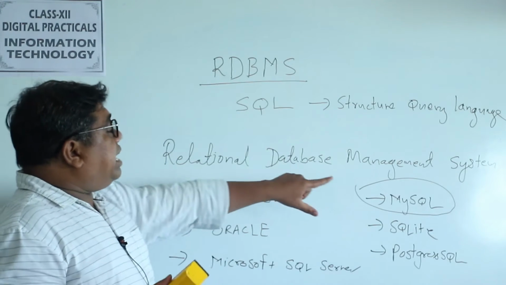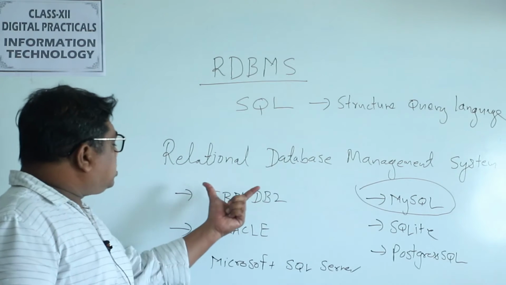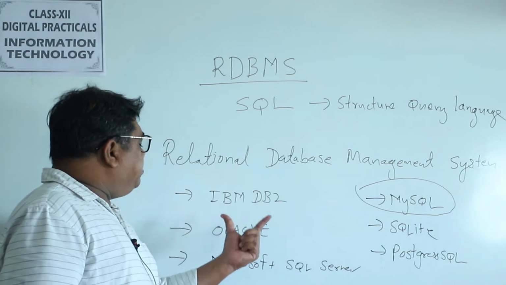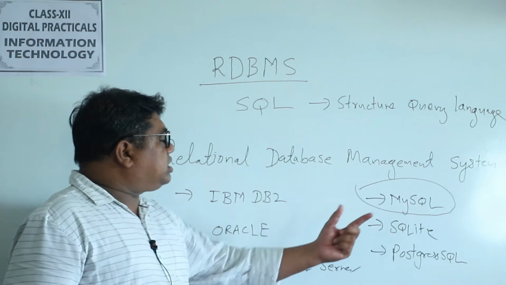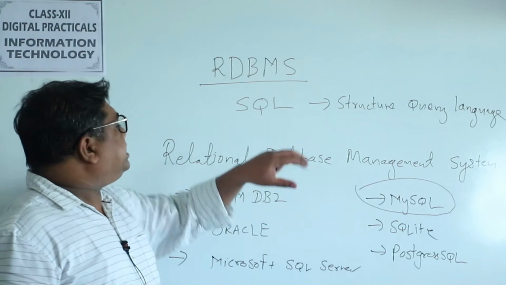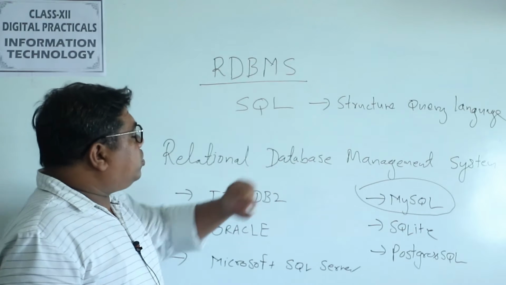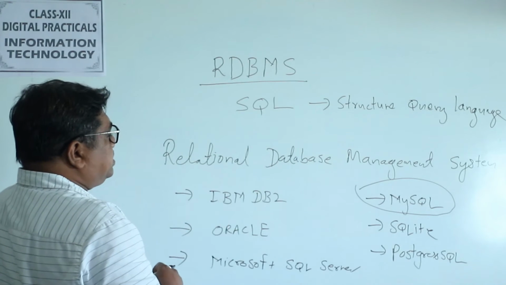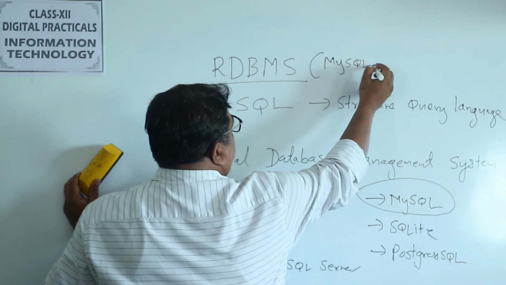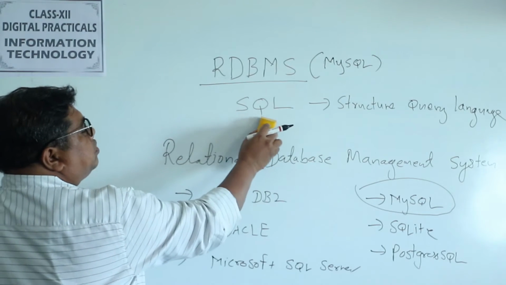All those relational database management systems, that may be IBM DB2, Oracle, Microsoft SQL Server, MySQL, SQLite, and PostgreSQL, use structure query language. And in your course we have MySQL, that is an RDBMS, and it uses structure query language.